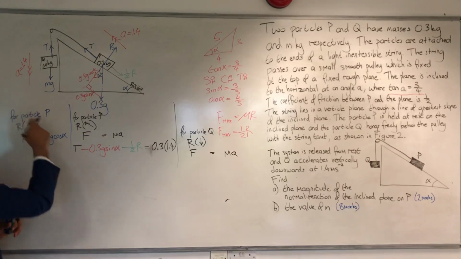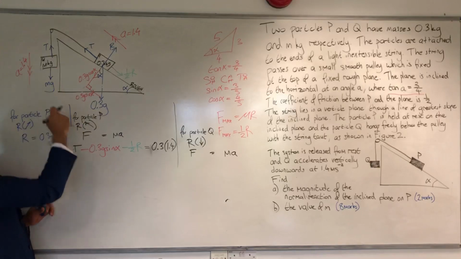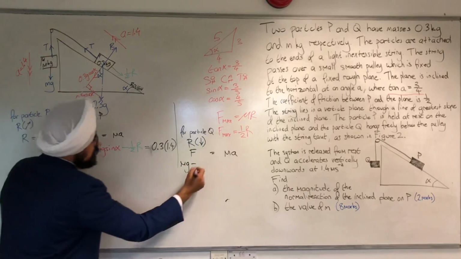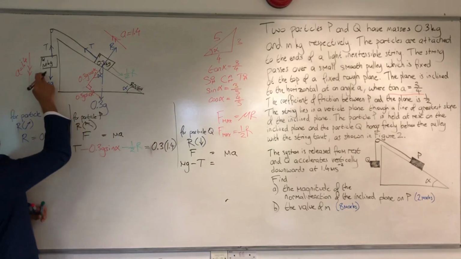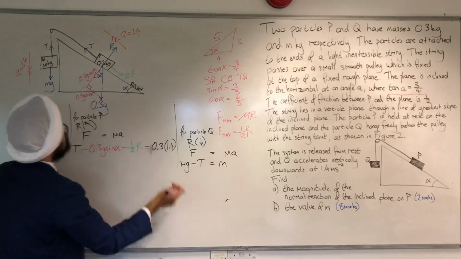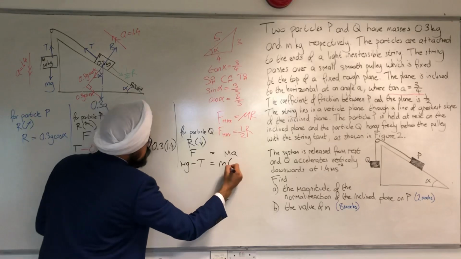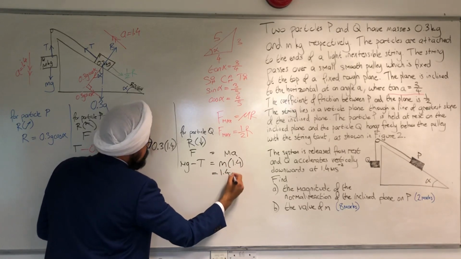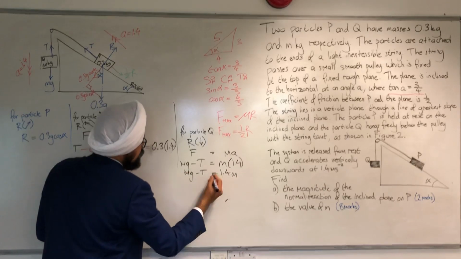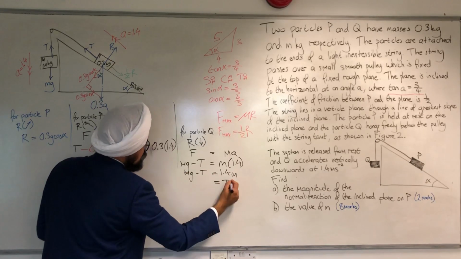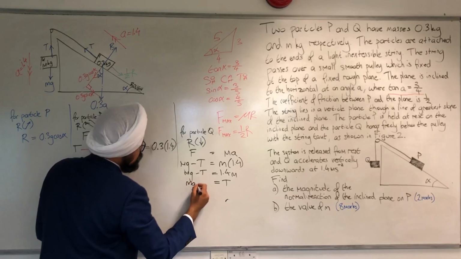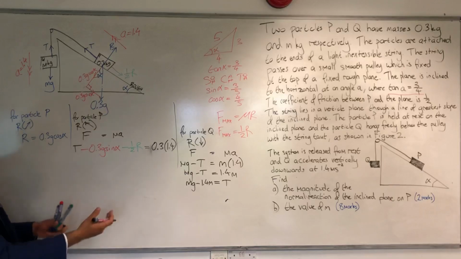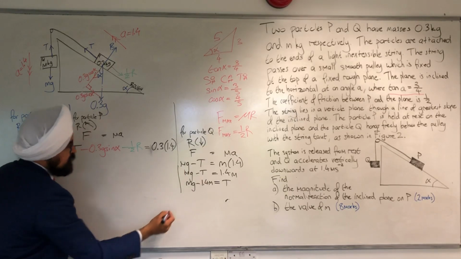So the resultant force for this is mg positive minus T equals the mass, which is just m in this case, times the acceleration, which is 1.4. So I'm just going to rewrite that as 1.4m is mg minus T. I would probably write T here because I know I'm going to have to use that at some point, and rewrite that as T equals mg minus 1.4m. So I know I've got an equation for T.